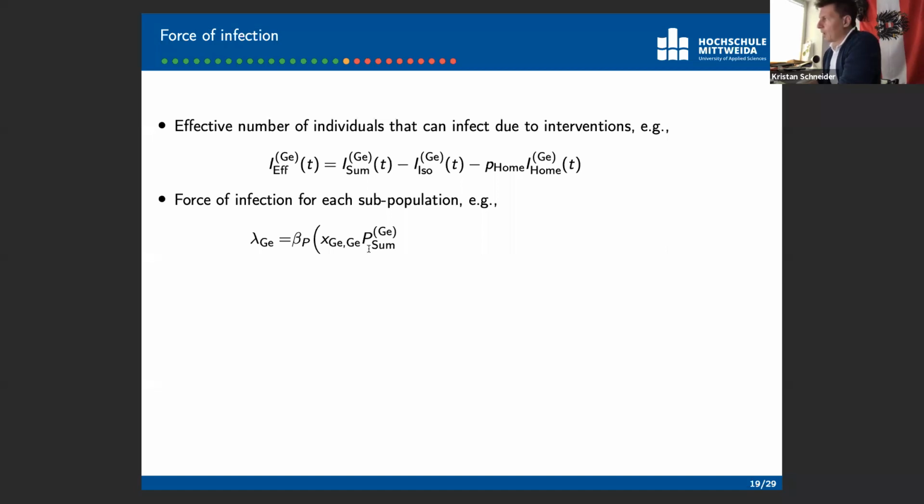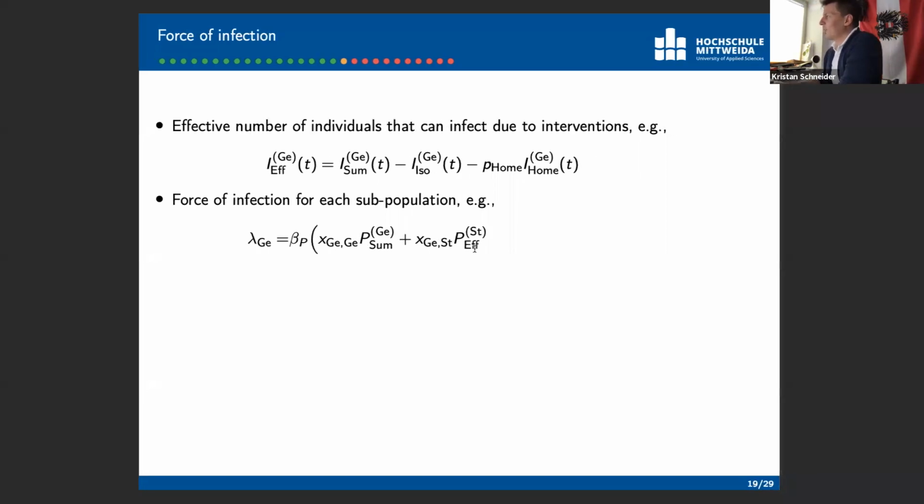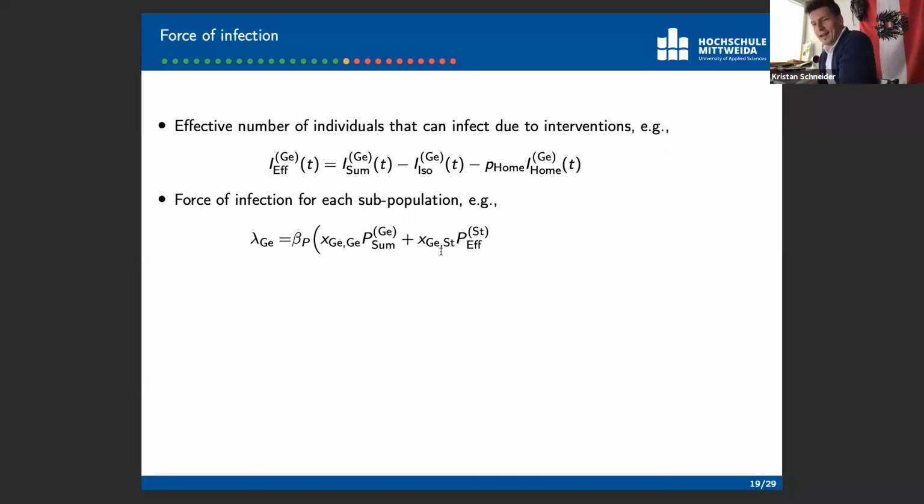Now, obviously, you need to correct it with the contact behavior. And then they can also have contacts with the staff. With the staff, we need to be careful. Here we have just an effective number because we already sorted those out that were tested positive. They are in home isolation now. And then you have the contact with the risk group.